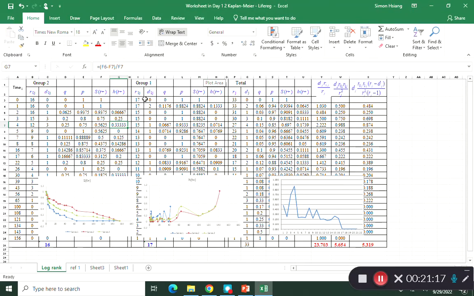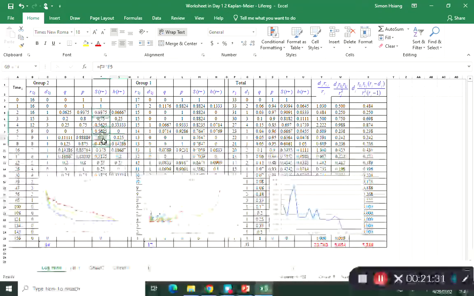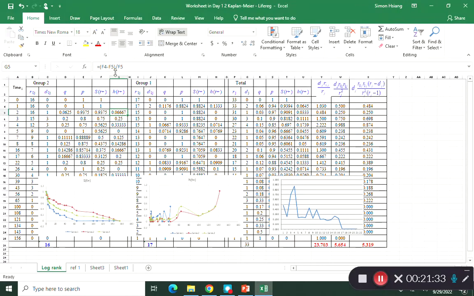Okay? And what I did here is ignore the, if I consider this is my survival, okay, I've tried to approximate the hazard function. How did I do that? Here, what is hazard function? Let me do it step by step.